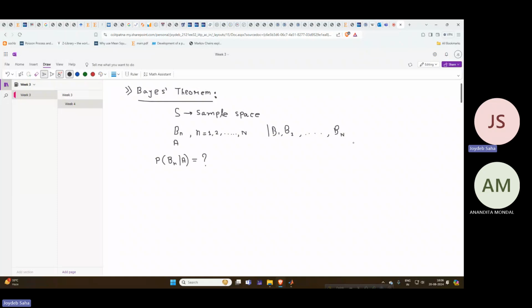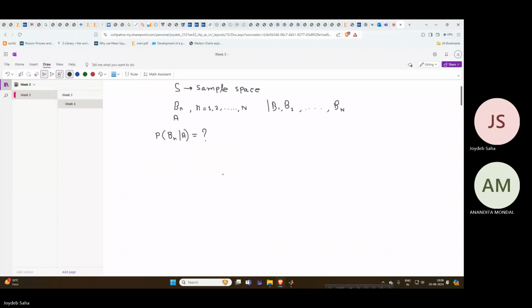So these capital N events are mutually exclusive, we are considering, and there is another event A. Okay. So now the question is, what will be the conditional probability Bn upon A for any n?